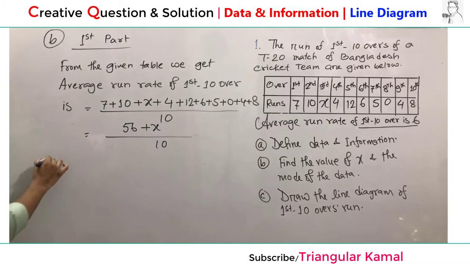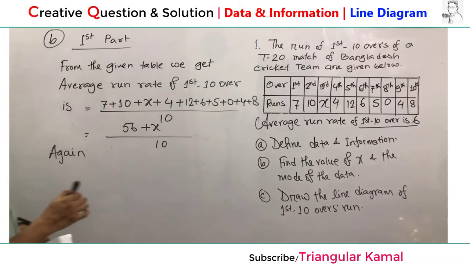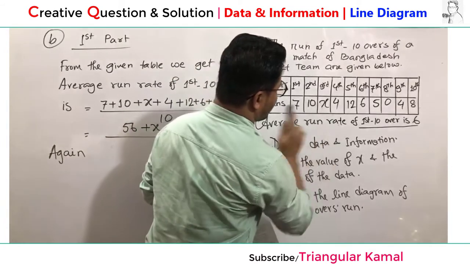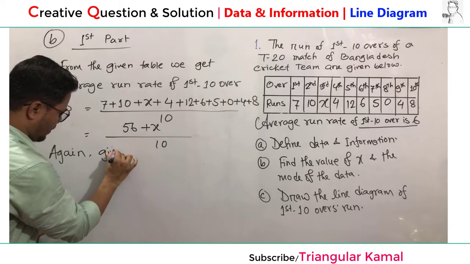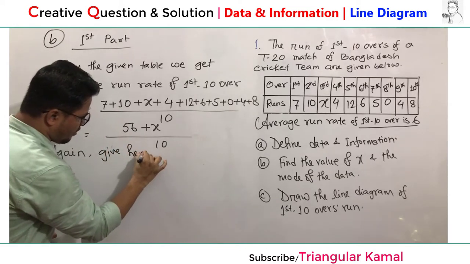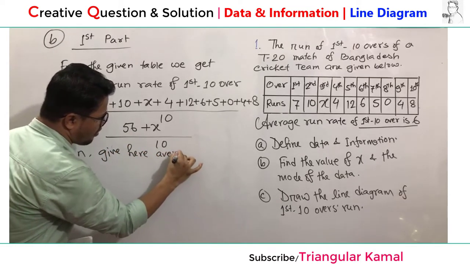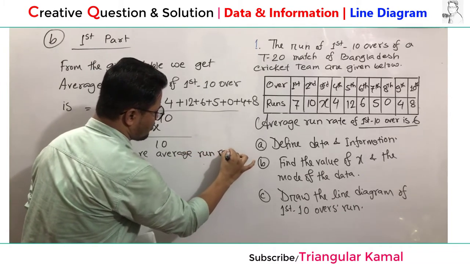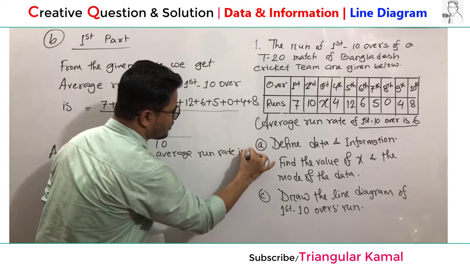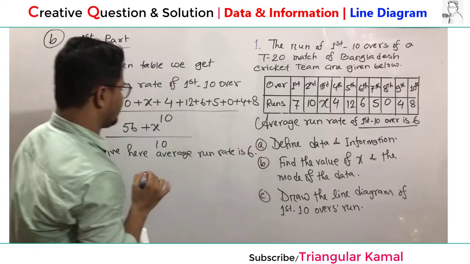Again, the average run rate given here is 6.